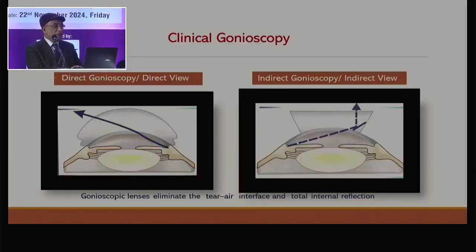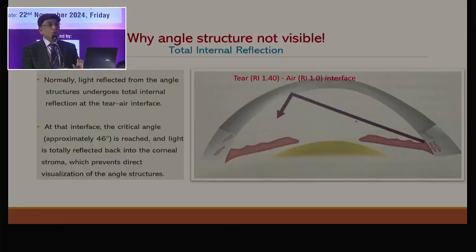You know that we have two kinds of gonioscopy, direct and indirect. Direct means surgical gonioscope, mostly used with the patient lying down during surgery, and indirect is for clinical purposes. We know that the refractive index of air is 1, but the refractive index of cornea and tear is about 1.5. So when light is reflected from the angle, it does not go out.